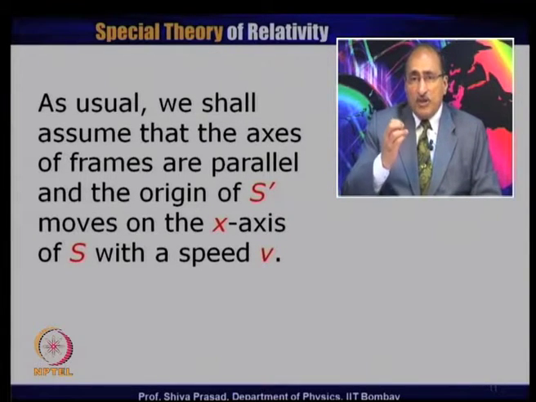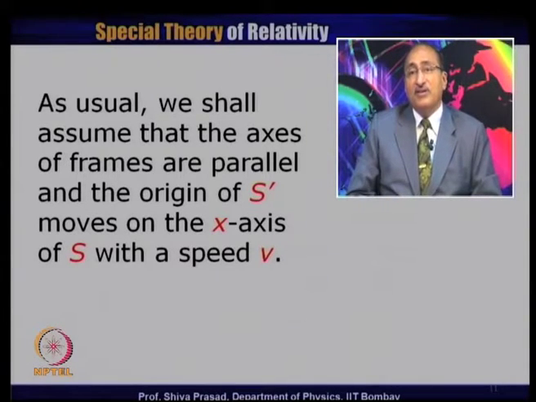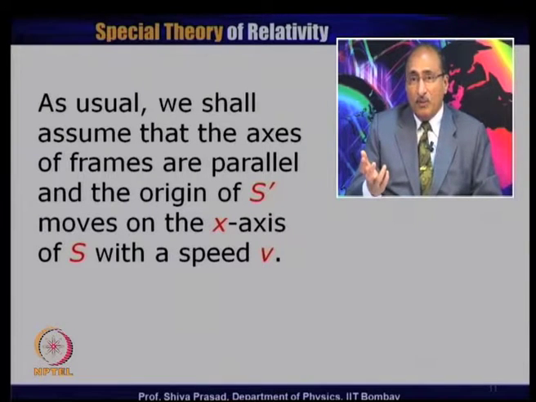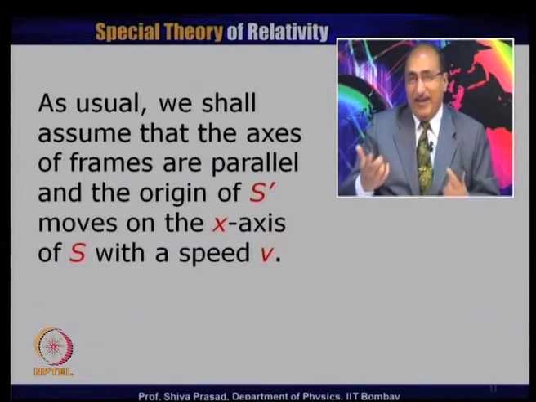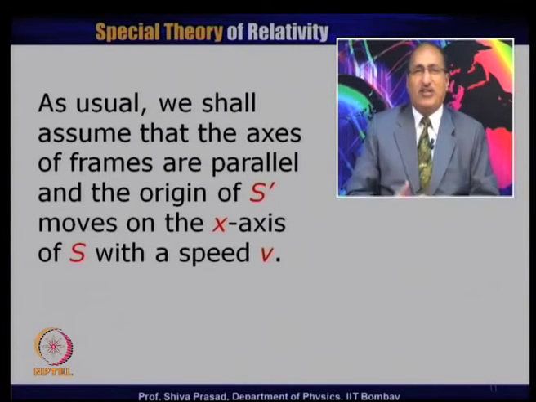Now, when this particular observer looks at this particular particle at the same instant of time, it will find that the velocity of this particle is not 0, but because this particle is at rest at that instant of time in S prime frame, this particle's velocity will turn out to be v, which is the relative velocity between the frames. This also one can get using the velocity transformation.